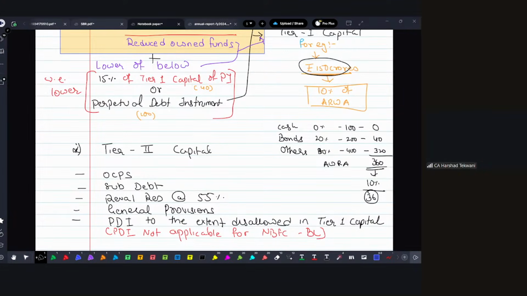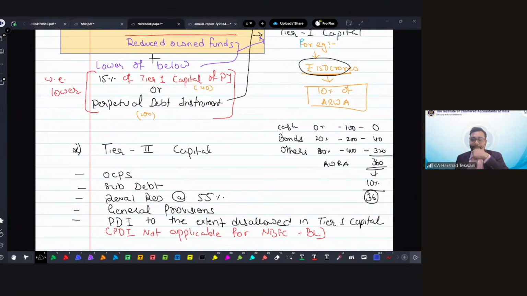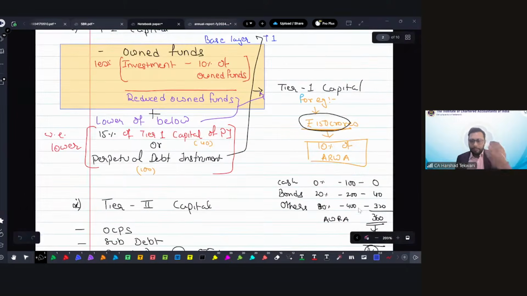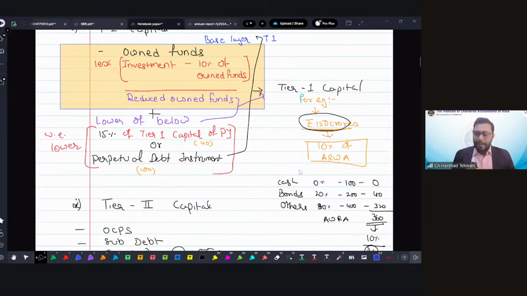Here, the 360 lakhs or crore is the amount that involves risk. Who is going to bear this risk? The owners' equity. To mitigate this risk of 360, at least 10%, or 15%, or 12% should be there. Like that, they are giving the guidance.